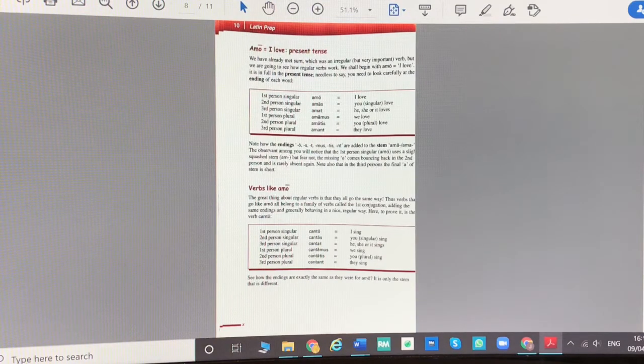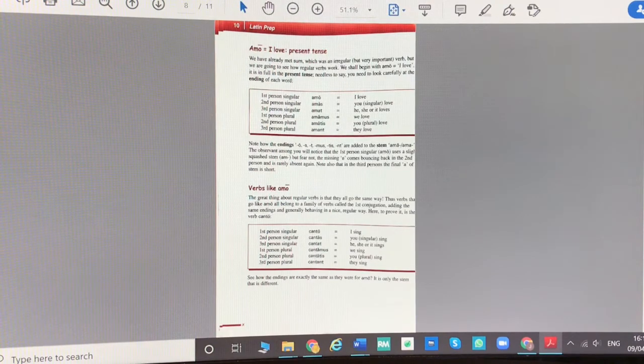Moving down the page, he demonstrates how amo has been the pattern for other verbs, and he chooses an example, canto. And you can see that canto, cantas, cantat, cantamus, cantatis, cantant goes exactly like amo, amas, amat, amamus, amatis, amant. Of course, it doesn't mean the same thing because the stem has changed.